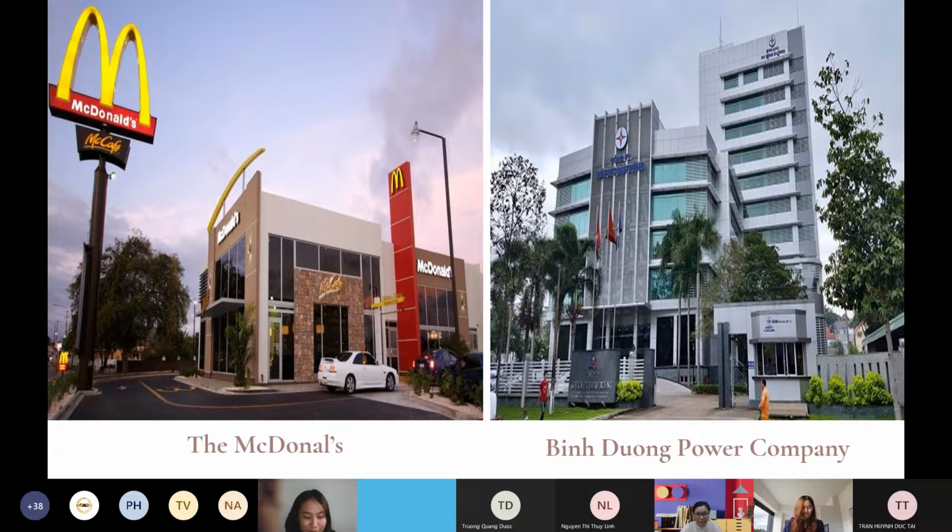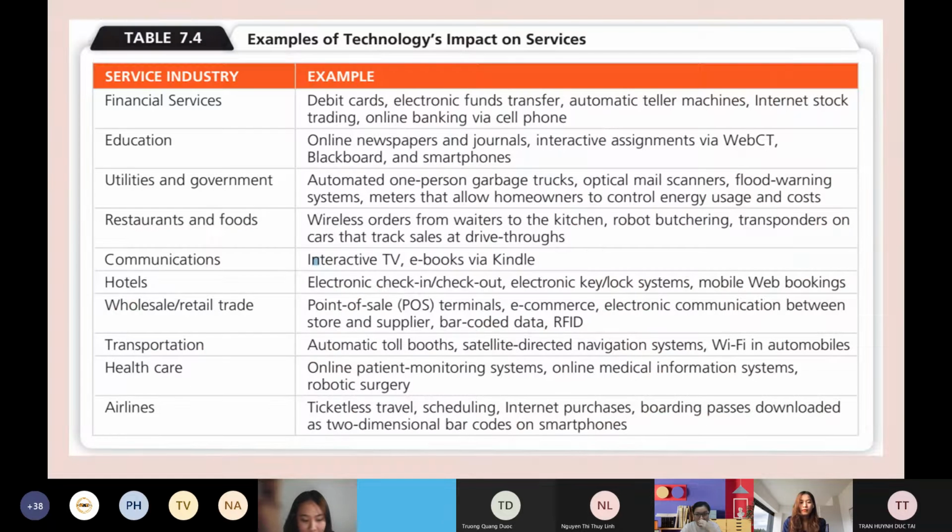Table 7.4 provides examples of the impact of technology on services. Operations managers in services, as in manufacturing, must be able to evaluate the impacts of technology on their firm.